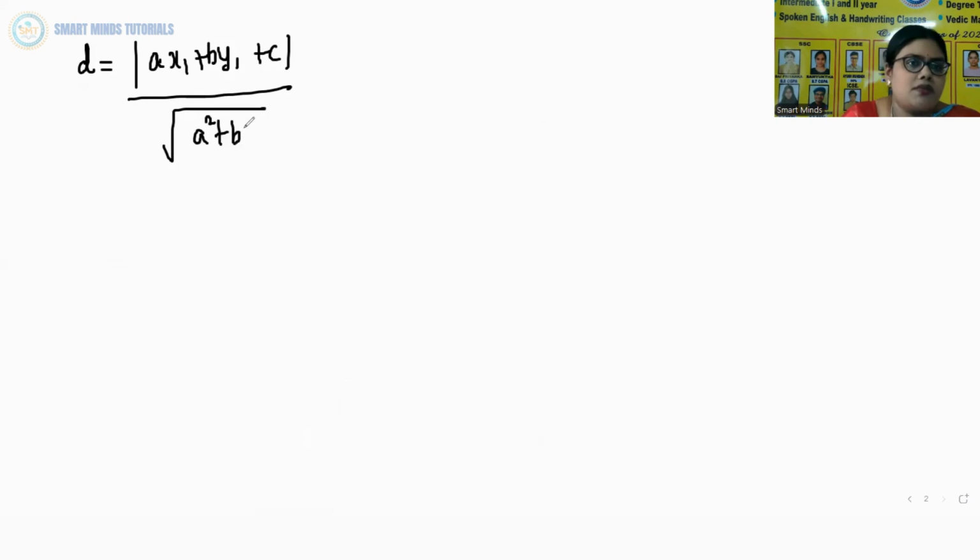Now what is the formula for perpendicular distance? Formula is mod of a x1 plus b y1 plus c by root over a square plus b square. See, center we got it as 4 comma 1 and line is x plus y plus 1 is equal to 0.